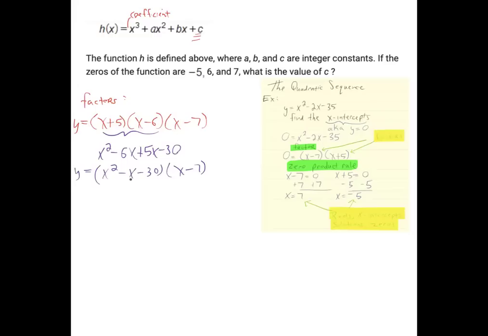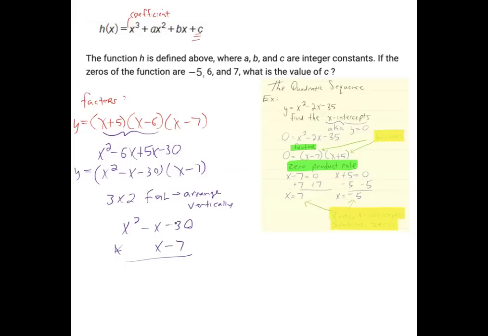Now we can do a 3x2 foiling. And for a 3x2 foil situation, you want to arrange it vertically. So you take the first one, x squared minus x minus 30, and then you multiply by x minus 7.